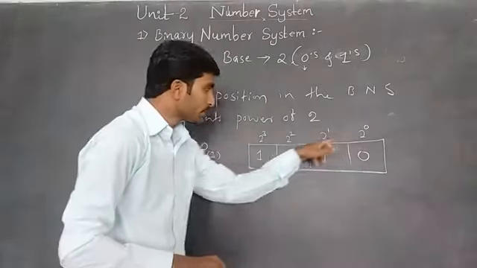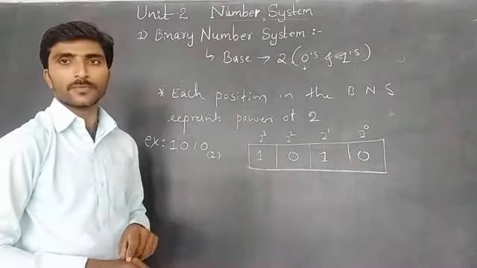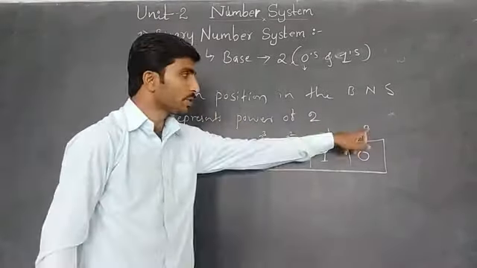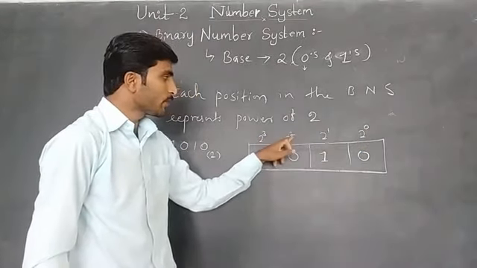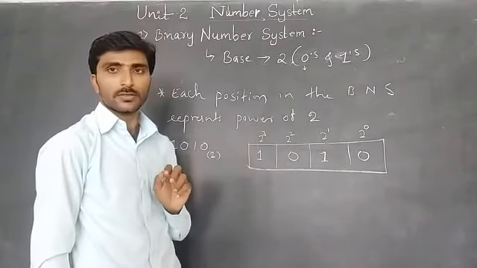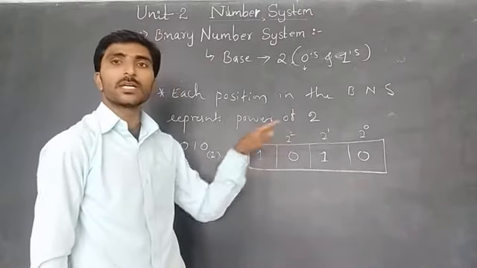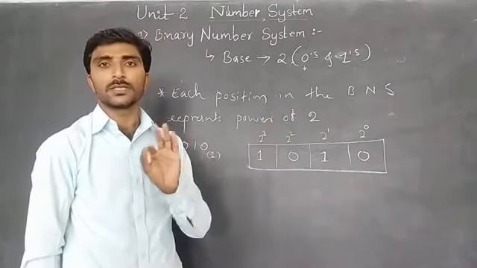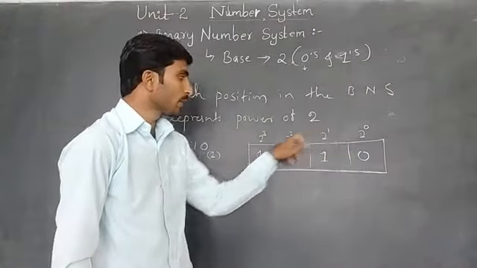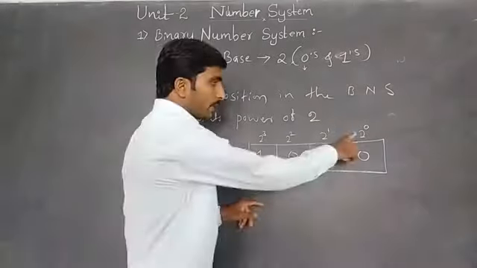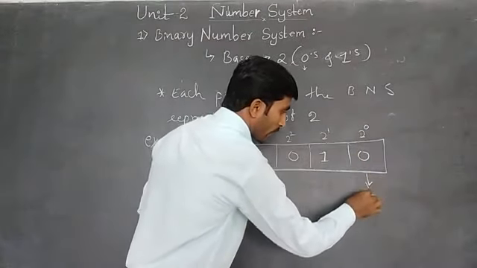These are the positions of the binary number system: 0th position, first position, second position, third position. That is the power of 2 that represents a position in the binary number system.